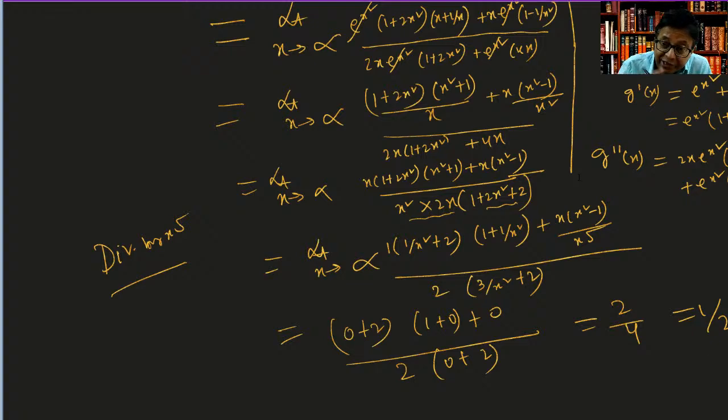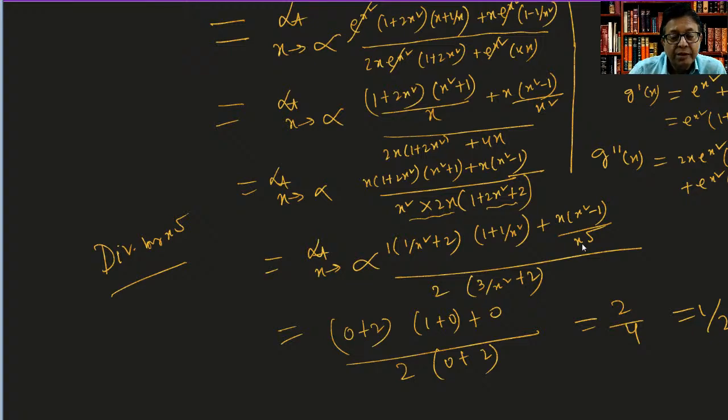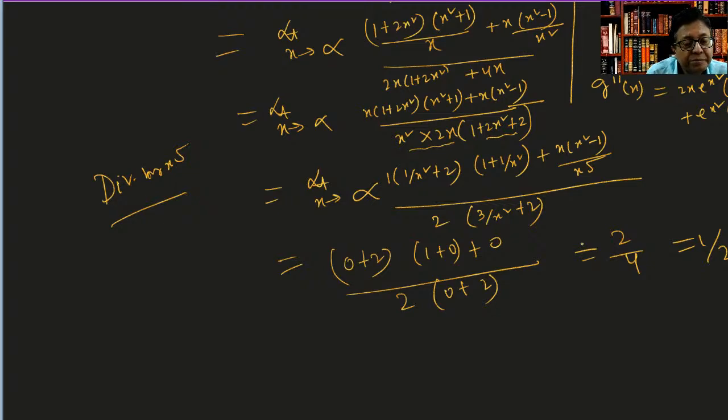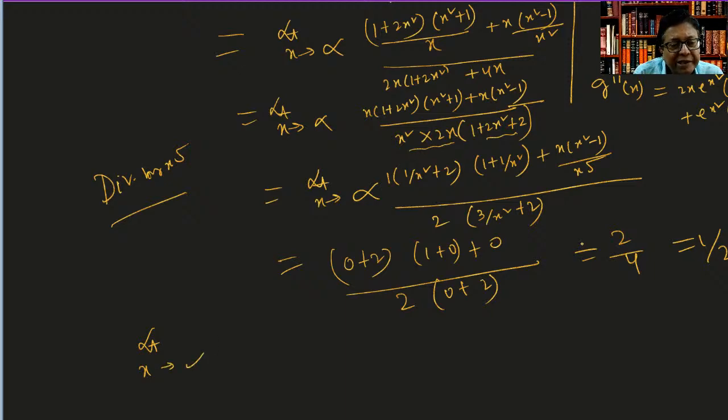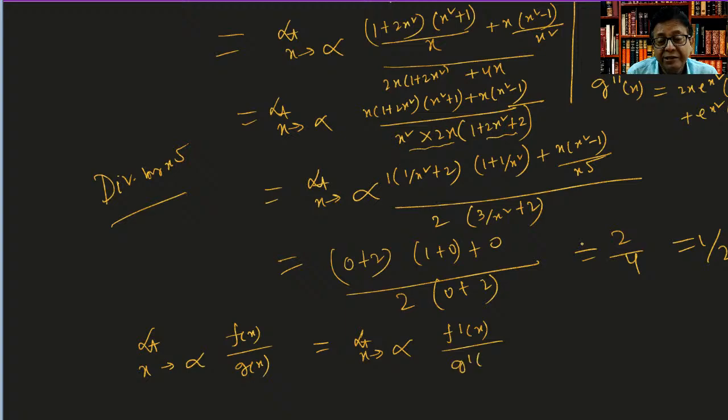So you think you are going back. L'Hopital rule I am telling you, limit x tending to infinity f x by g x. If the form remains 0 by 0 by putting x infinity, this is 0, this is 0, then you can differentiate. f dash x by g dash x, again say by putting this is coming 0 by 0, you can differentiate again.